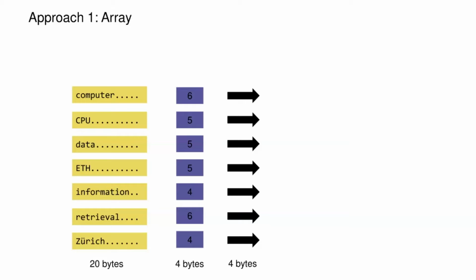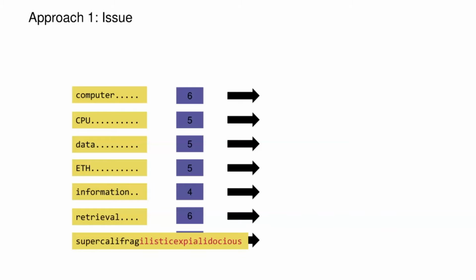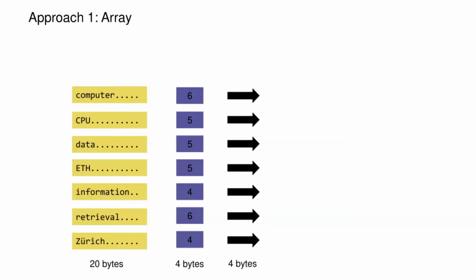So imagine that we have a fixed length, 20 bytes. That's reasonable for many words. It's not perfect because you have words like supercalifragilisticexpialidocious that don't fit in there. So that's kind of the problem. But still, let's assume that for the purpose of computing some stuff.